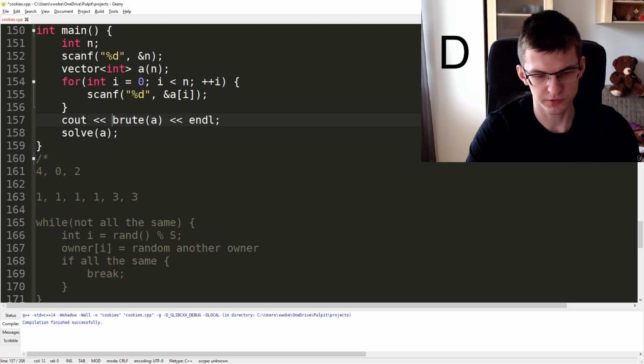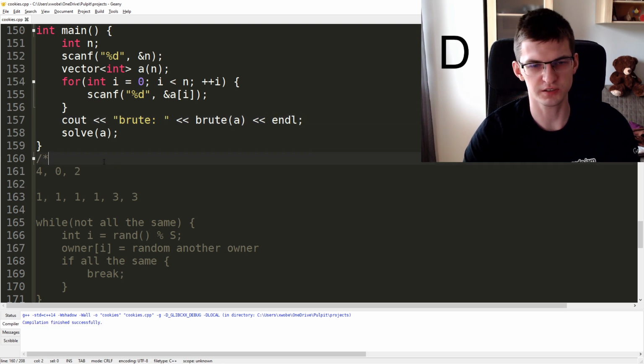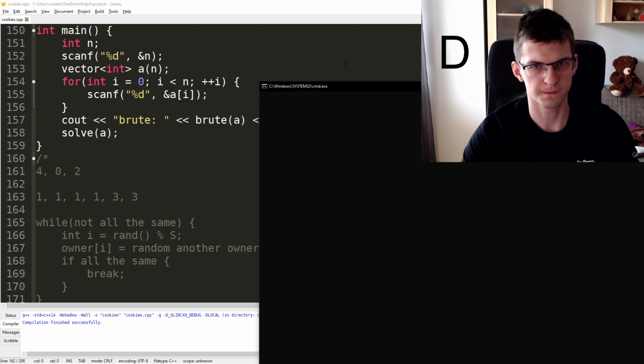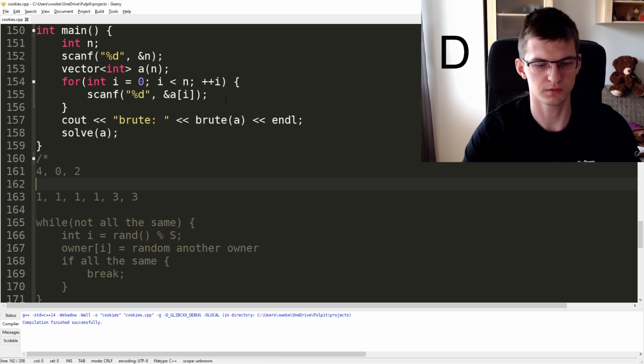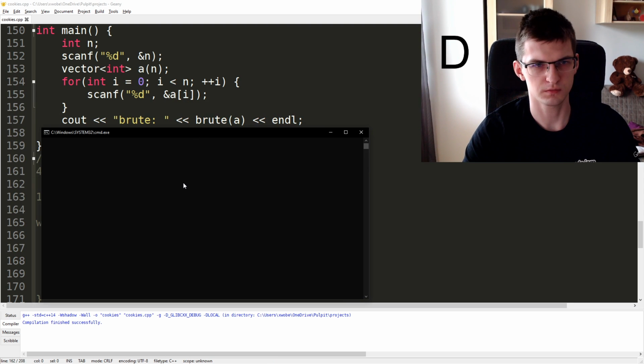Now let's run a brute force first. It will tell me the answer, assuming that a number can be changed to itself. 211 should be 2. Yes, I got 2. 212.